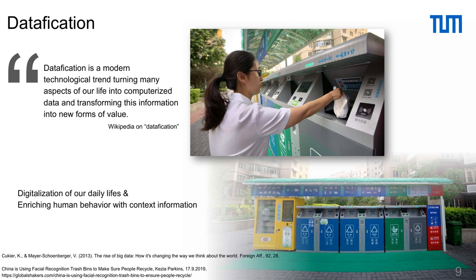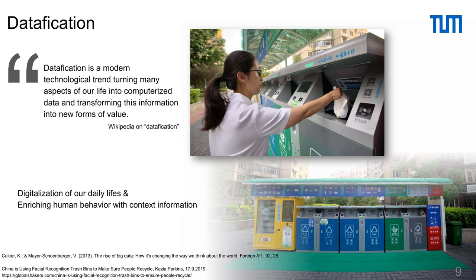And this trend turns many aspects of our daily lives into data and transforms information about human behavior into new forms of value. It's really influenced by the digitalization of our daily lives.